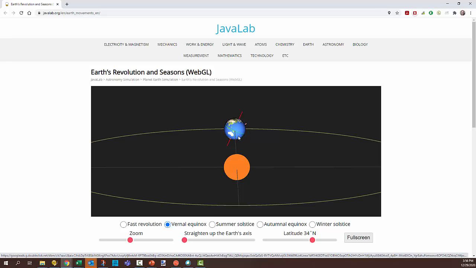Okay, so two things are established, I hope. The axis of the Earth is always pointing in the same direction. And the Earth rotates or spins about that axis. And that spin is going to happen once every 24 hours, resulting in the daytime and nighttime.